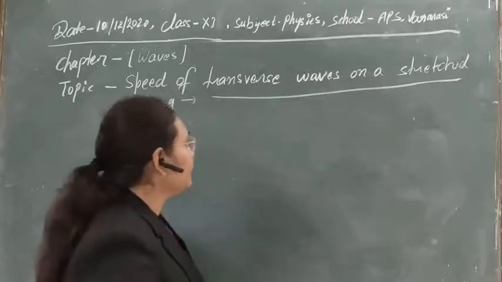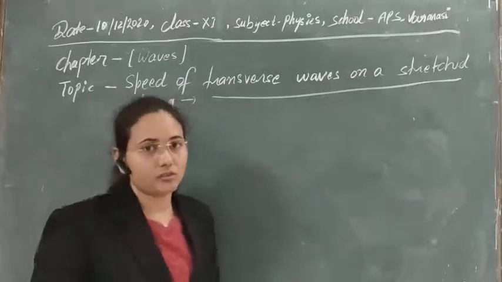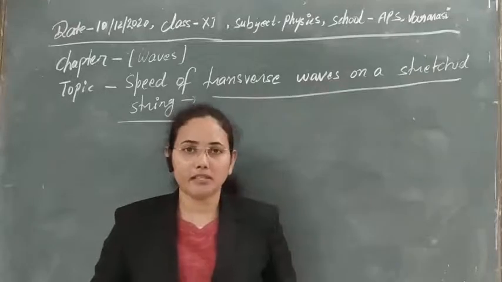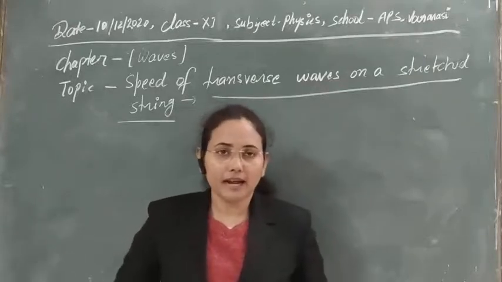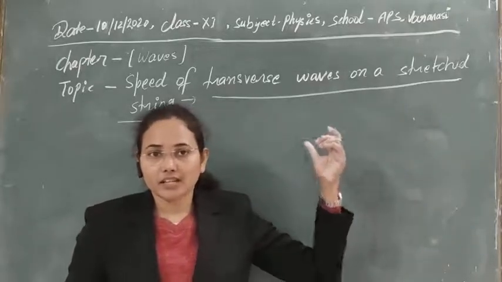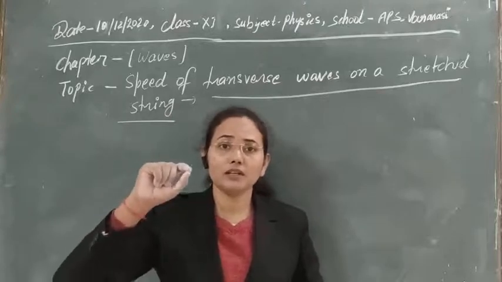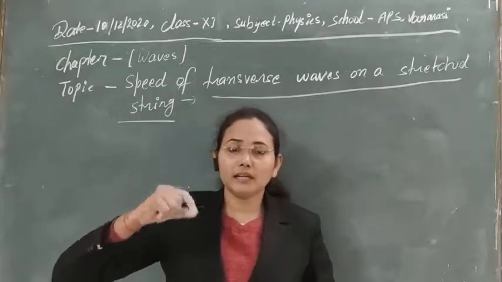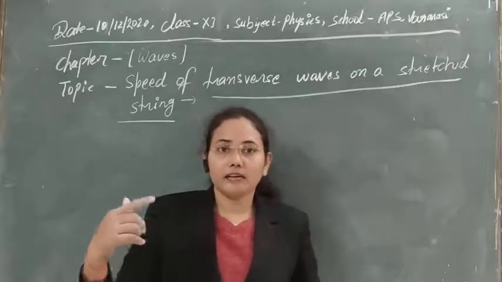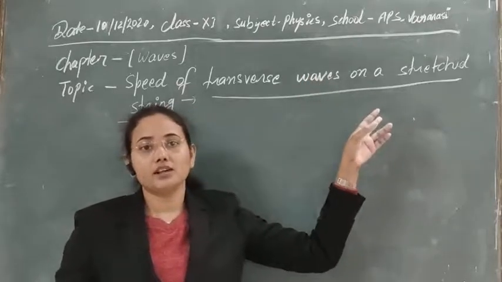So what will be the speed of that transverse wave when we are taking the case of the stressed spring? This can be derived easily with the help of dimensional analysis. We have seen that the speed of the transverse wave generated due to vibrations of the molecules of that spring, which vibrate perpendicular to it and simple harmonically, is such that due to their vibration a wave is constituted, that is a transverse wave.